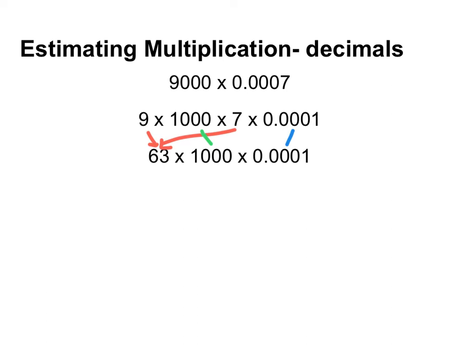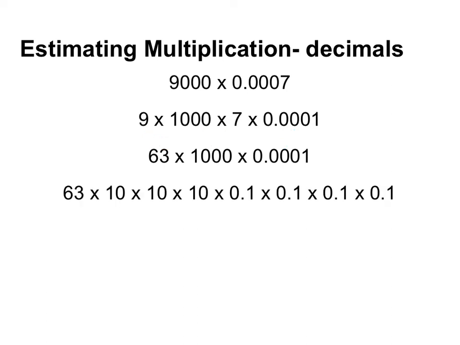And now I'm looking for tens. So I need to break up both the 1,000 and the 10,000th into tens. So I took my 1,000 and I broke that into 3 tens. 10 times 10 times 10 is 1,000. And then I took my decimal part, my 10,000th, and I broke it into 4 tenths.